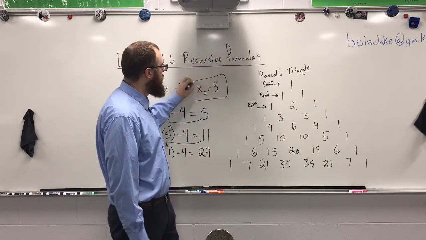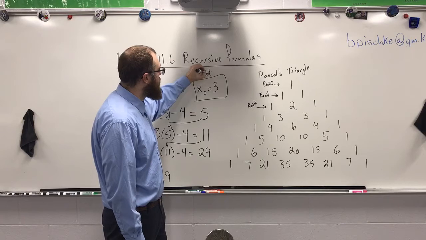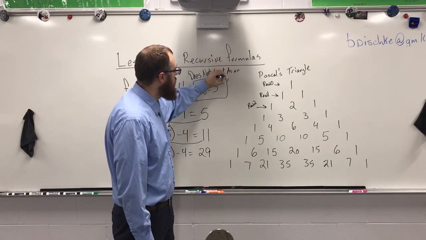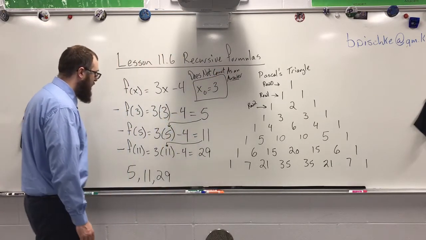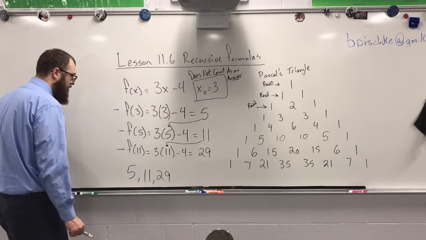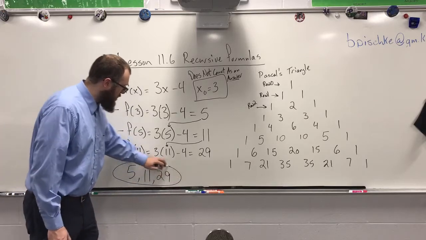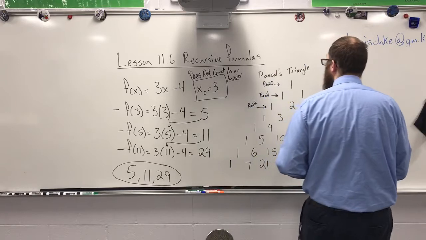The original thing we plug in does not count as an answer. You did not find that. It was given to you in the problem. 5, 11, 29 is your solution to this particular example.